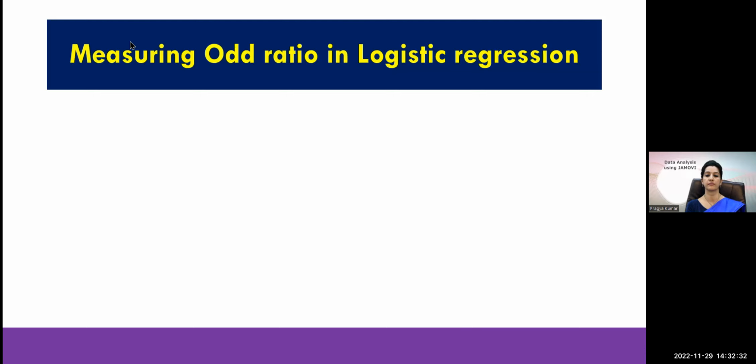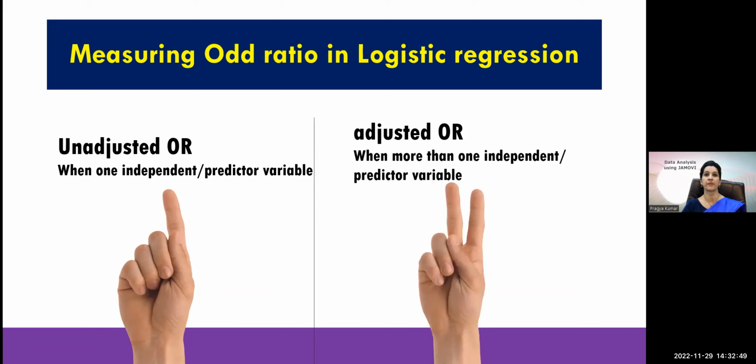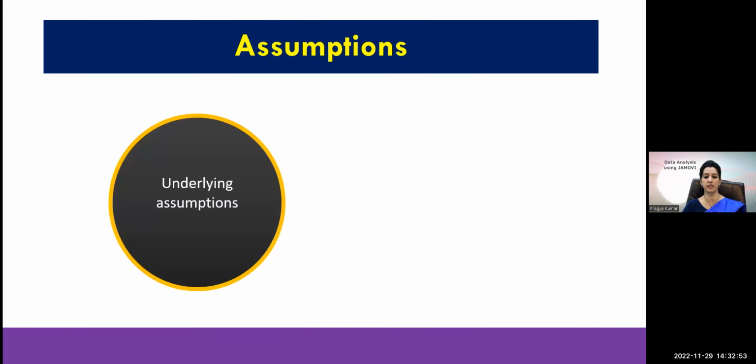Similarly, how to measure odds ratio in logistic regression? There is an unadjusted odds ratio when you have only one independent or predictor variable, and there is an adjusted odds ratio. We have talked about this adjusted and unadjusted. There are some underlying assumptions. What are those assumptions?